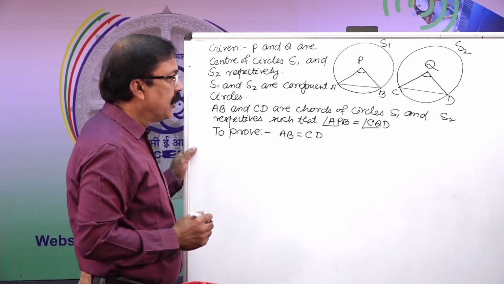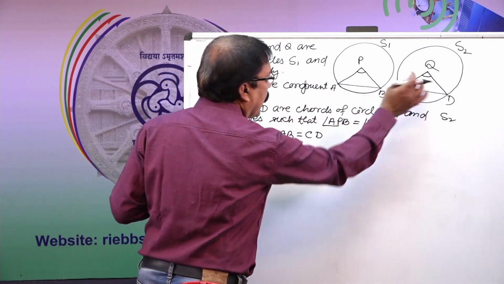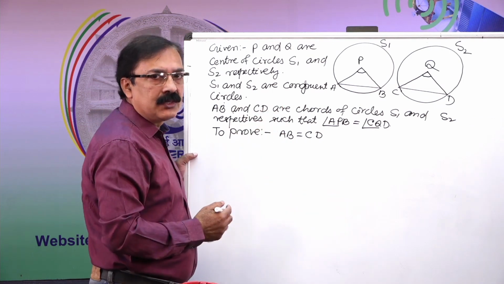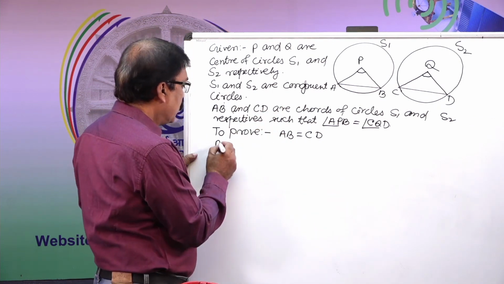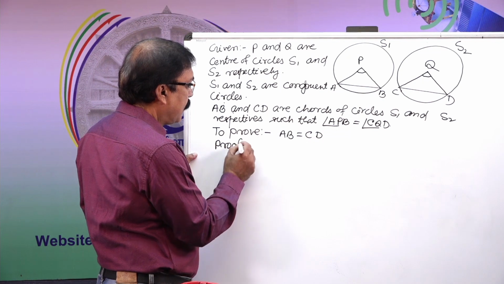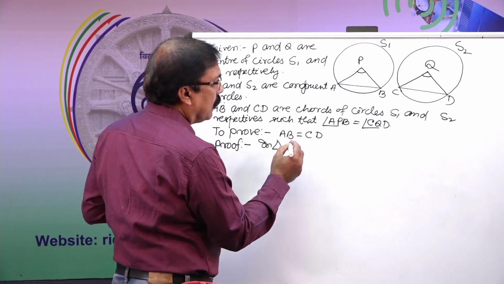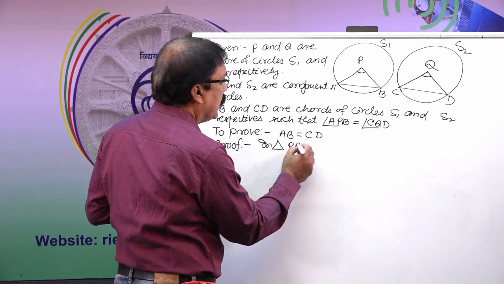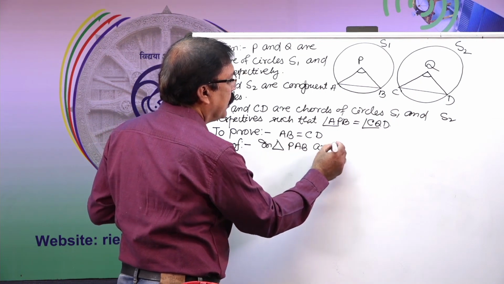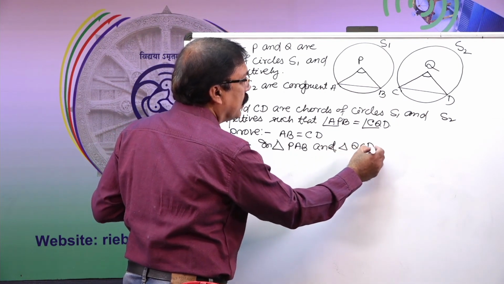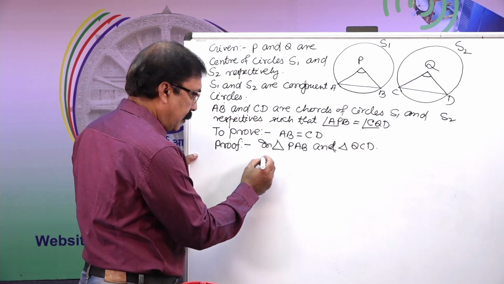Now let's see. Here also we have two triangles. So we can prove the congruency of these two triangles. So how to prove congruency? In triangle PAB and triangle QCD, what are equal?